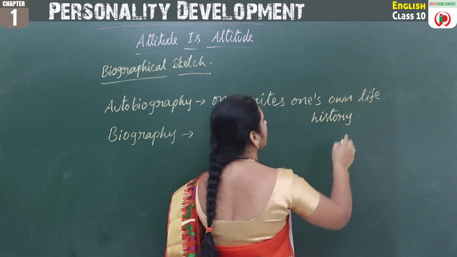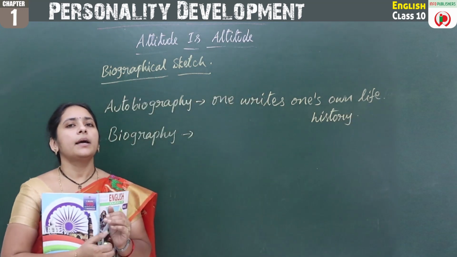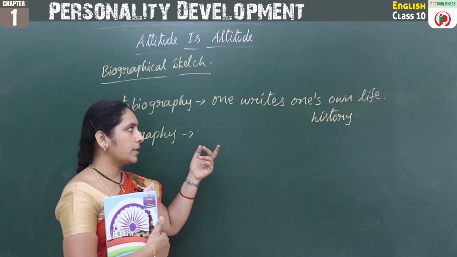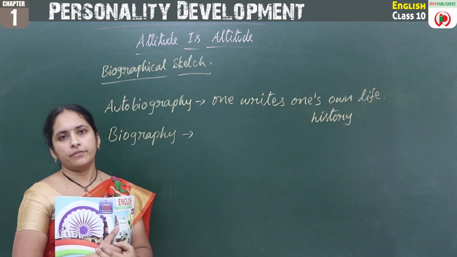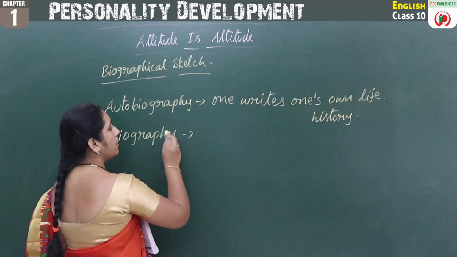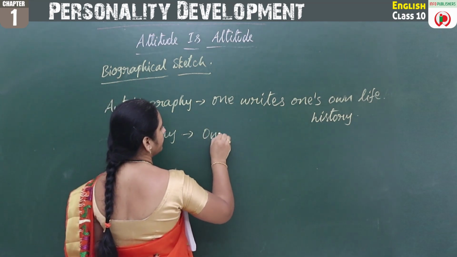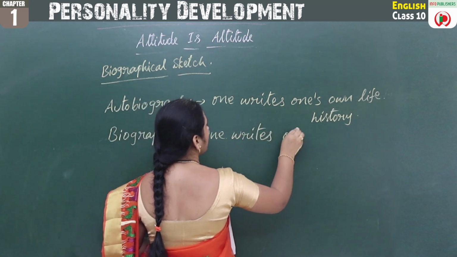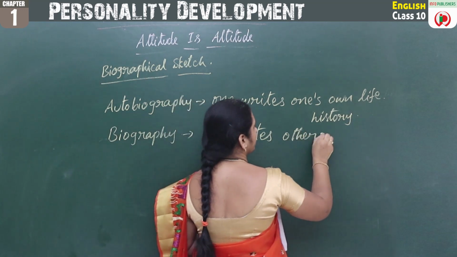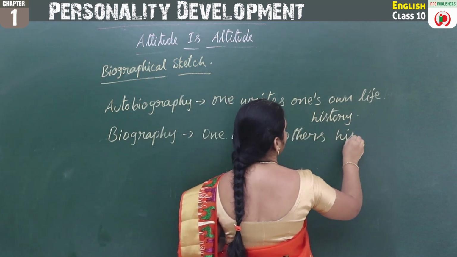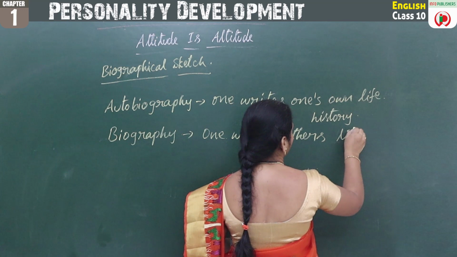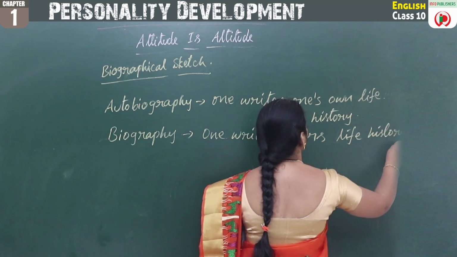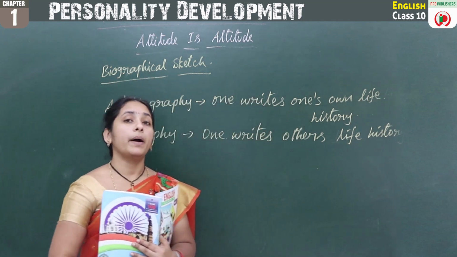If we write about our own life history, our story, we call it autobiography. Biography means one writes others' history, others' life history. If we write others' life history, that is called biography.